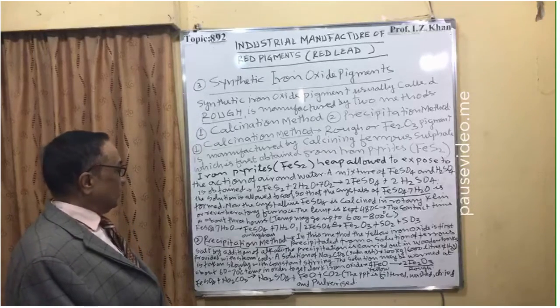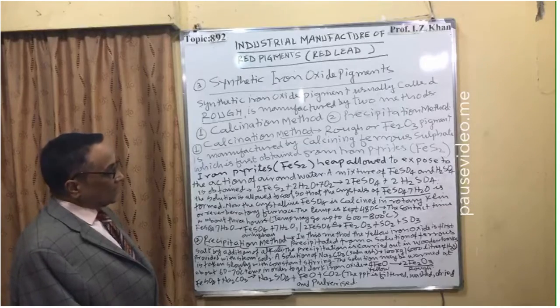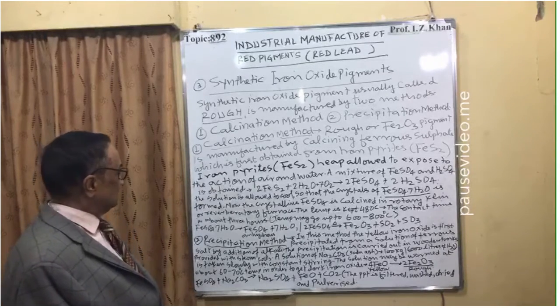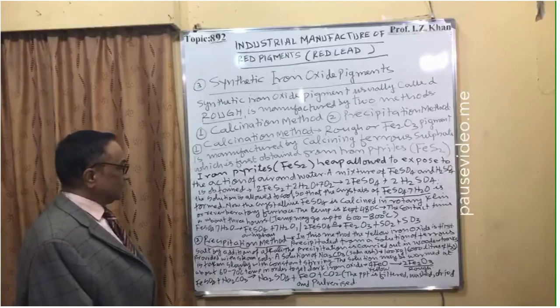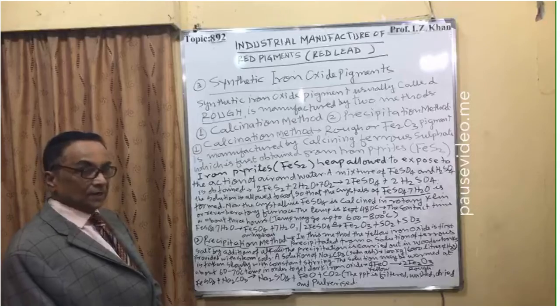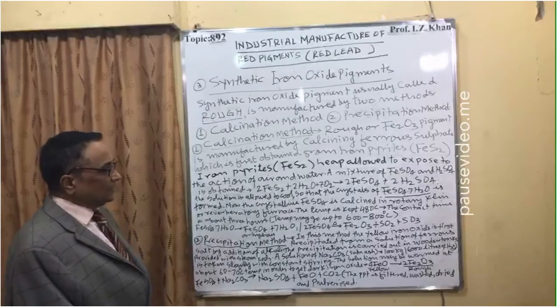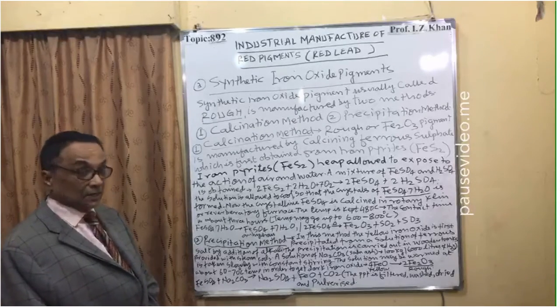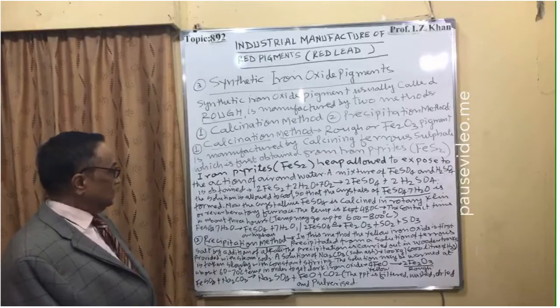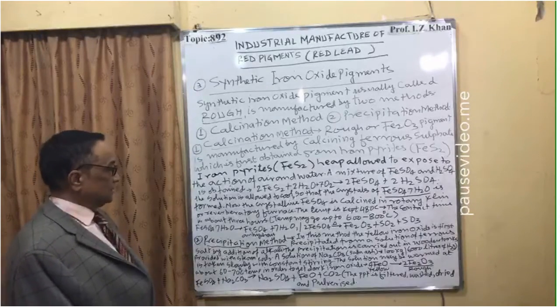The solution is allowed to cool so that crystals of FeSO4.7H2O are formed. Now the crystalline FeSO4 is calcined in a rotary kiln or reverberatory furnace. The temperature is kept at 480 degrees centigrade, and it can go up to 600 to 800 degrees centigrade. The contact time is about 3 hours.